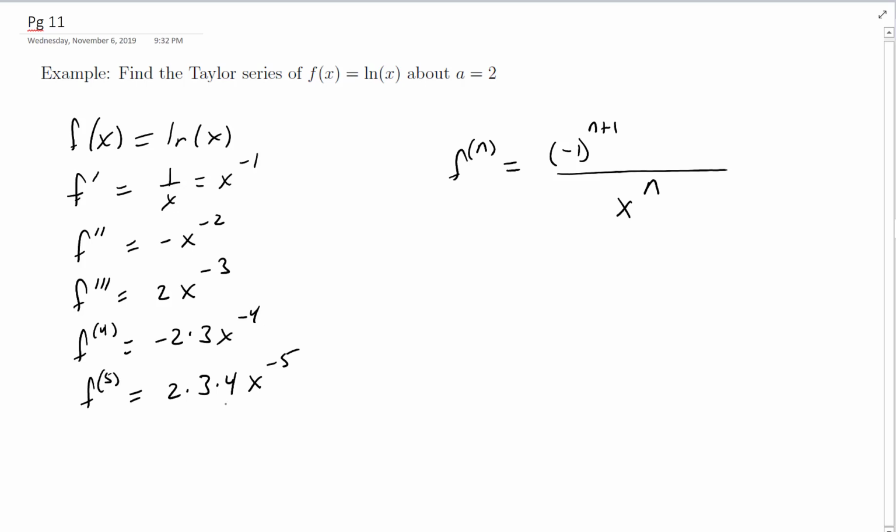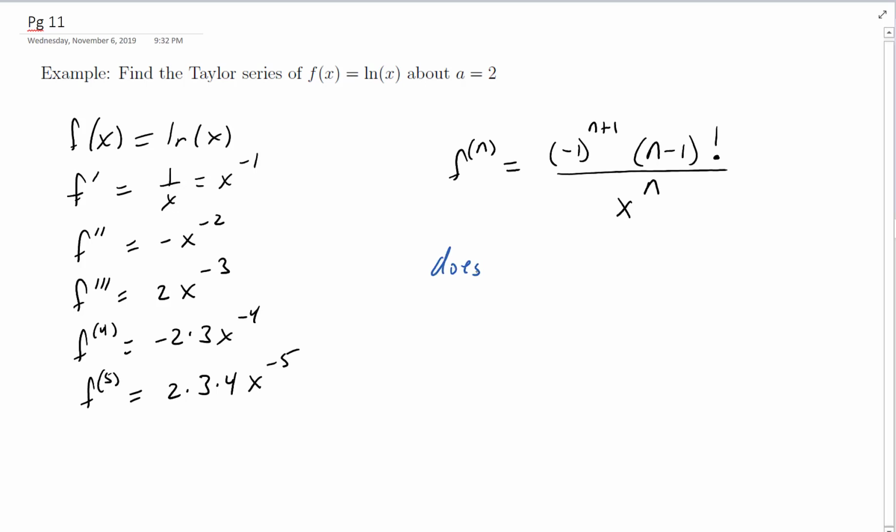Well, the fifth derivative has a 4, 3, 2. It's missing the 1 to give it a 4 factorial. But multiplying by 1 doesn't change anything, so dividing by 1 doesn't change anything. So even though it's missing that 1, it's still n minus 1 factorial. So there is our formula for the nth derivative.